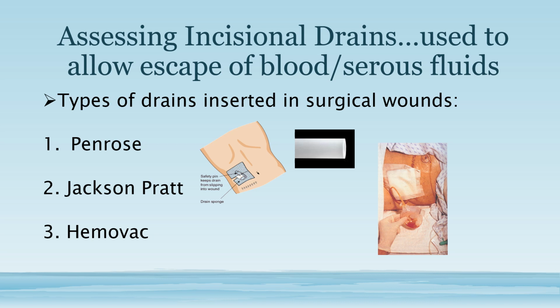For a Hemovac, you open the spout to empty it. Again, you empty it into a sterile cup, and then you press it down like an accordion and close it shut. The Jackson Pratt and Hemovacs are usually self-suction. However, sometimes they are attached to wall suction.